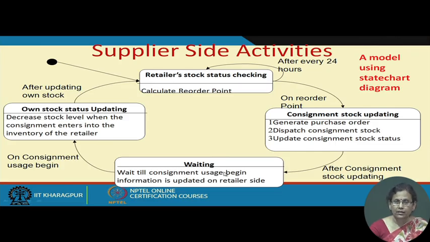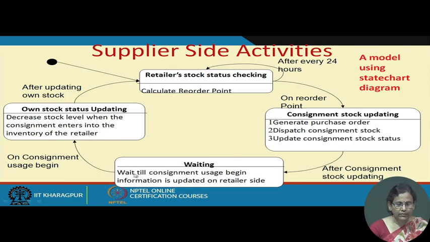But as I have told you, the consignment stock is actually the supplier's inventory, but lies in the premises of the retailer. So, the supplier simply waits for the retailer to use the consignment stock.